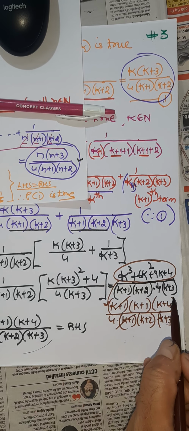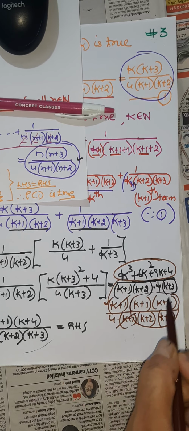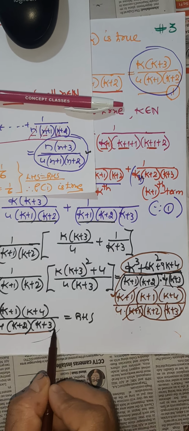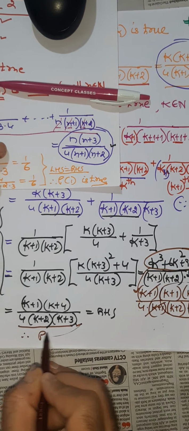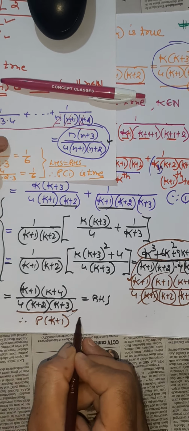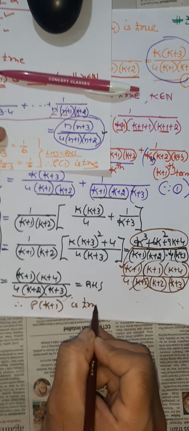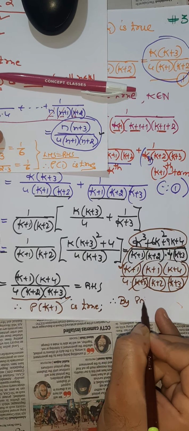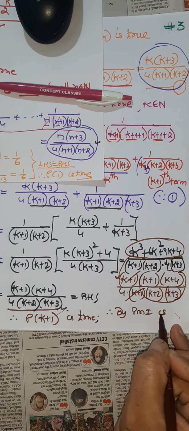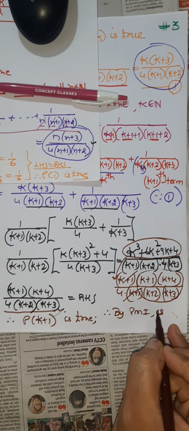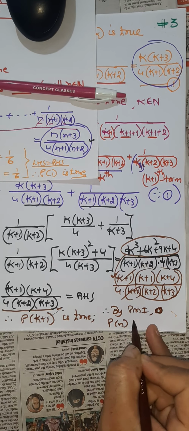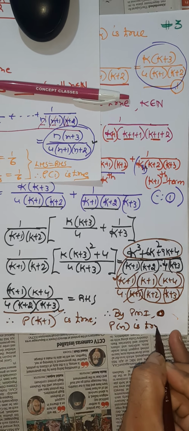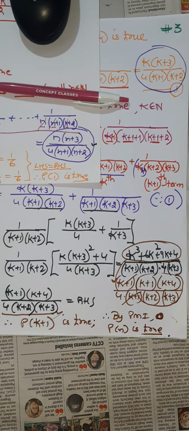So you are left with this thing by 4, that is this, you can see. So therefore P of k plus 1 is true, and therefore by PMI Pn is true for all n. By PMI Pn means given statement is true, always true, remember.